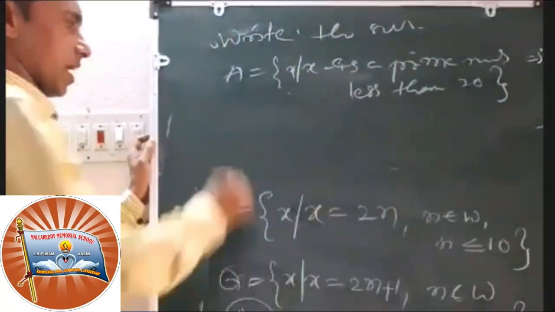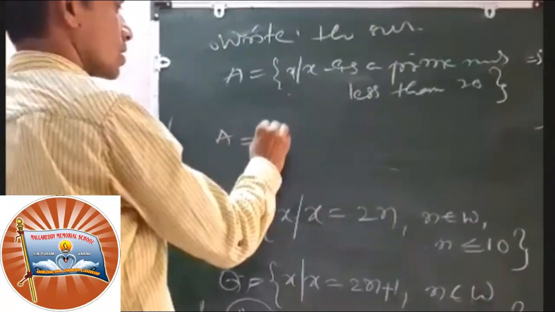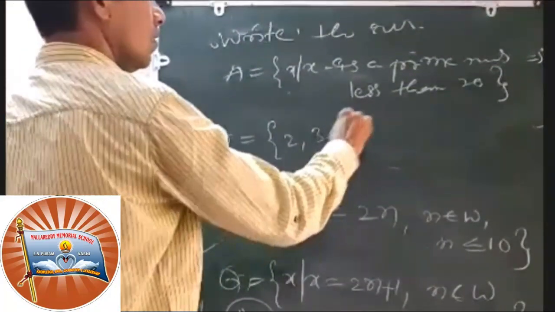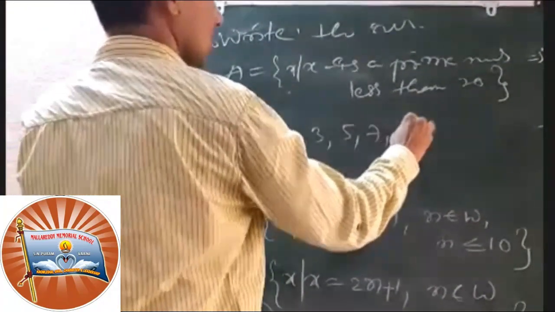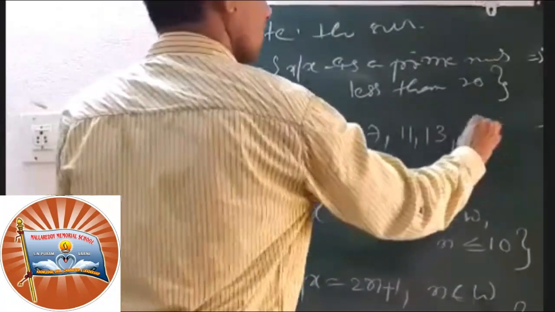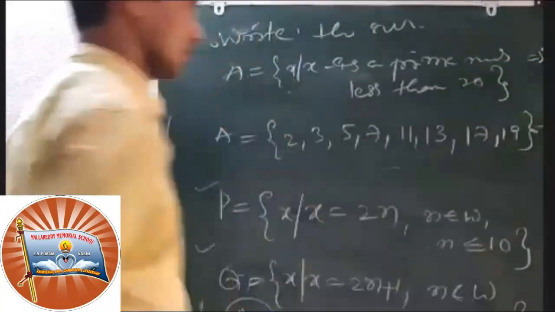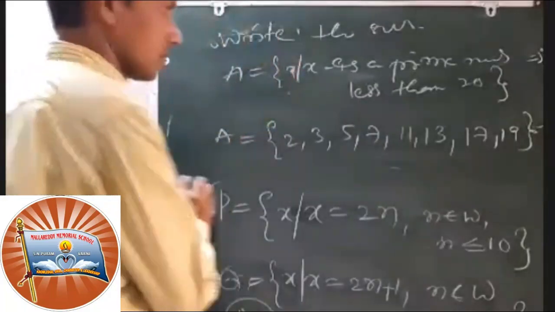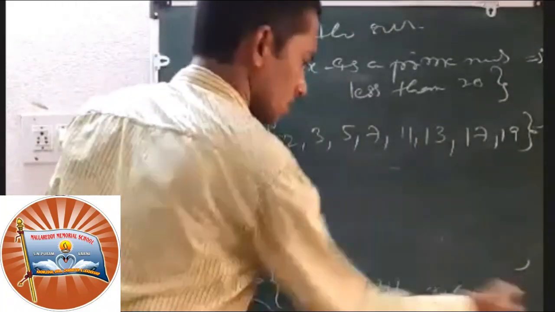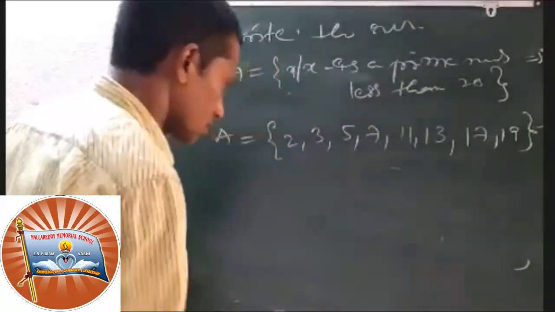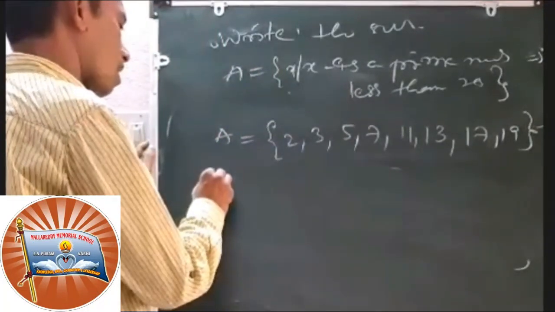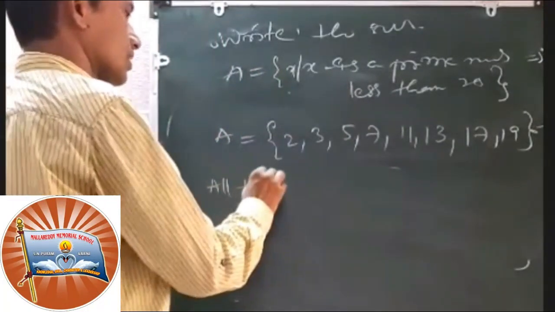Now tell me what are the prime numbers. A is equal to 2, 3, 5, 7, 11, 13, 17, and 19. So how many elements are there? Just count. Then what did he ask? Write all the subsets of the set.